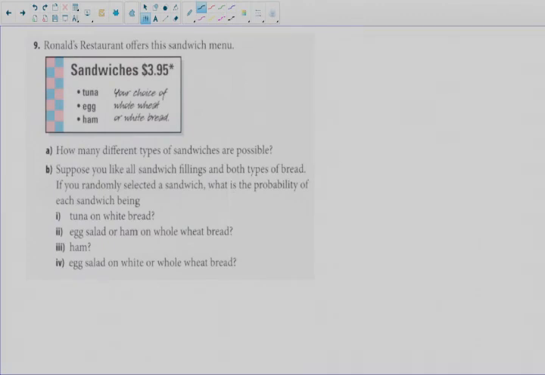Ronald's Restaurant offers this sandwich menu. So you have tuna, egg, and ham, and then your choice of whole wheat or white bread. And it says, how many different types of sandwiches are possible?